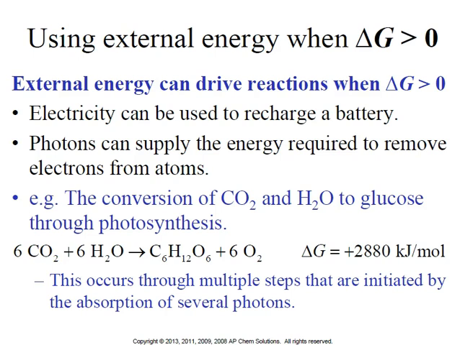That process is not favorable naturally. However, we have lots of energy coming from the sun that can disturb the electrons in the atoms and initiate that process. So just because something's not favorable doesn't mean it can't occur at all. It just means we need some outside source to push it along. That outside source could be some source of energy like the sun or electricity.